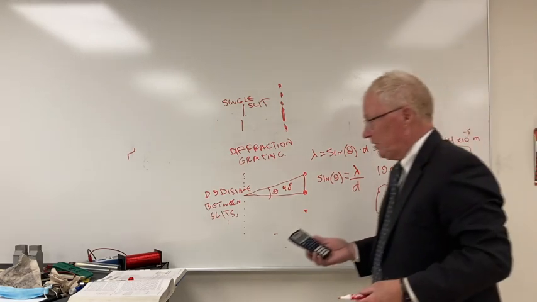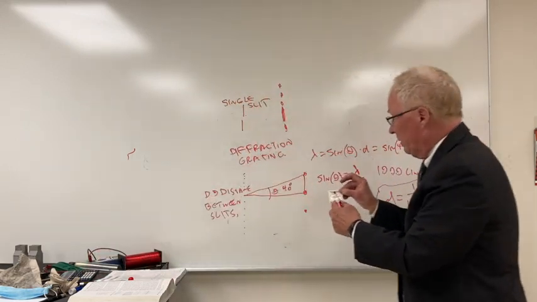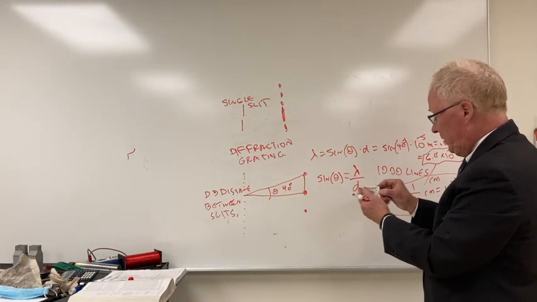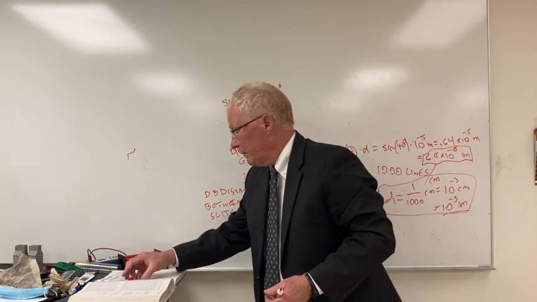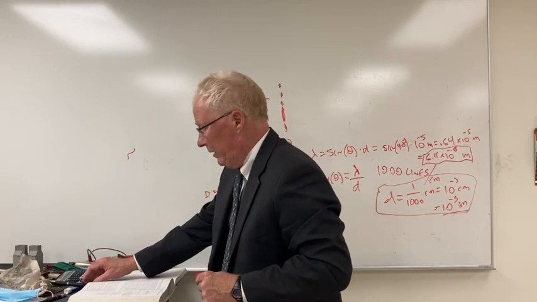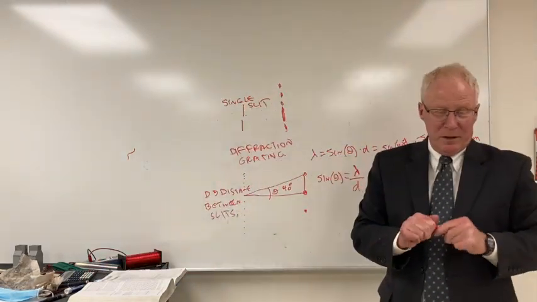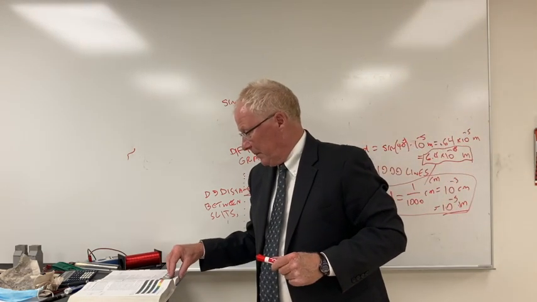Okay? So that's the diffraction grating, where this is the number of lines, so in this case it'd be 1,000 lines per centimeter. It's probably different from that, but that's okay. And that's what we have there. We have the lab that deals with this.